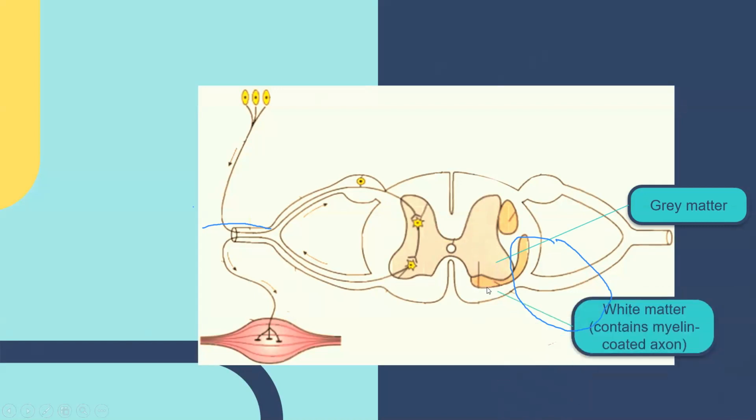The outer part, white in color, is known as white matter. And as you can see, on both sides, left and right, there is a branch, like a tube. Down here, the hollow tube has no swollen part. This tube, the whole part here, is known as the ventral root.